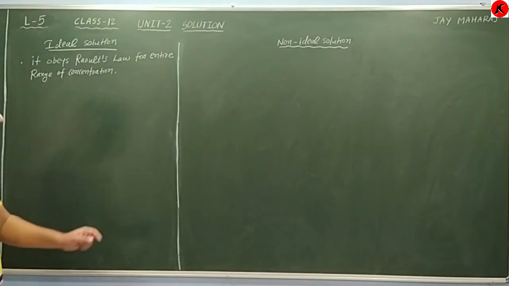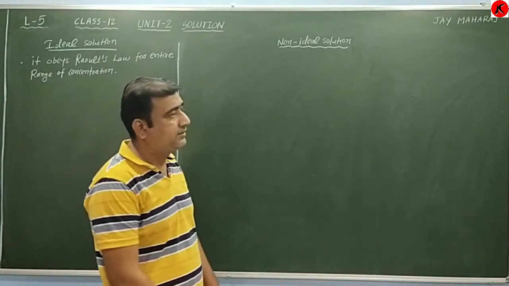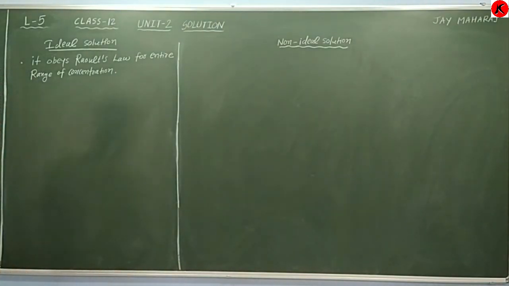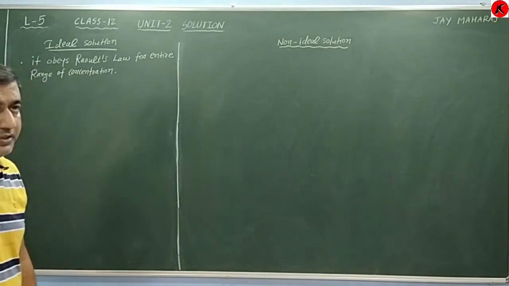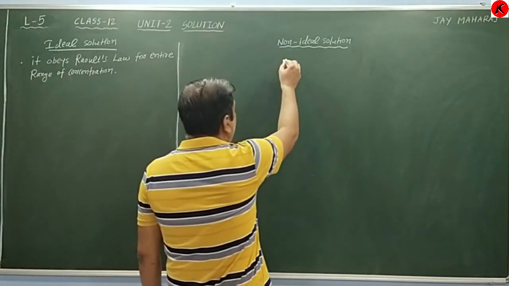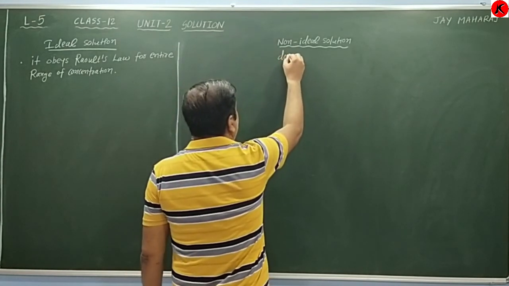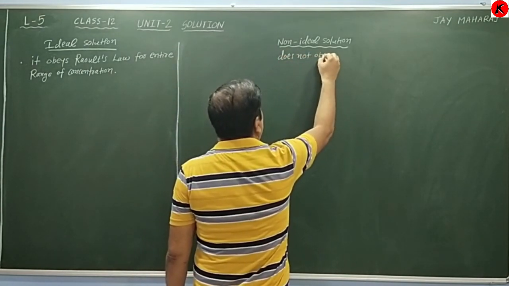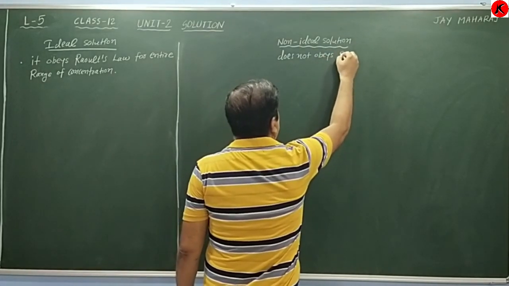So obviously, non-ideal solution means it does not obey the Raoult's law for the entire range of concentration. That means it does not obey. In short, does not obey Raoult's law.